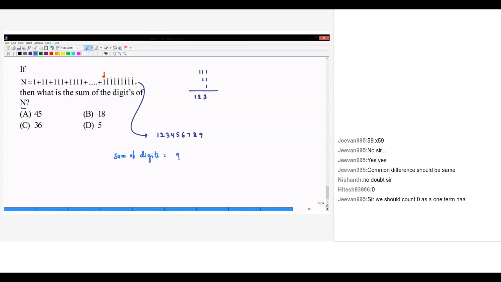So it is 9 into 10 by 2. You always remember sum up to 9. 1 to 9 is 45, 1 to 10 is 55, right?